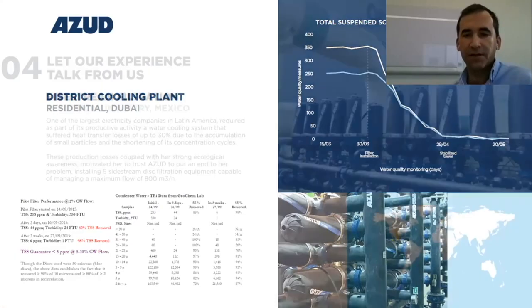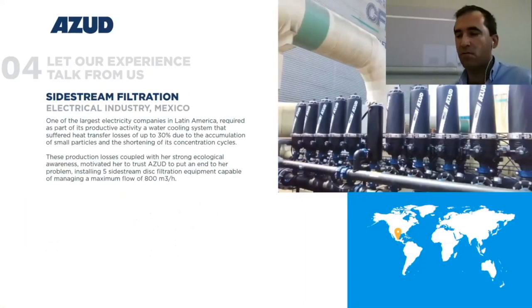The next case study is in Mexico, and this company had 3 cooling tower systems with different sizes for each of their processes. A high load of organic matter was constantly contaminating all the cooling water circuit. So the maintenance team was only using chemical reagents to control the water quality, but even so there were many unscheduled shutdowns.